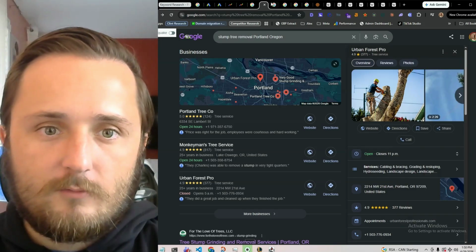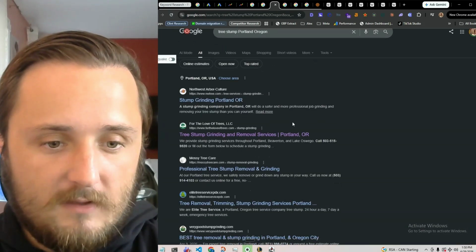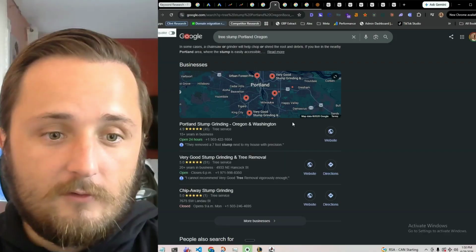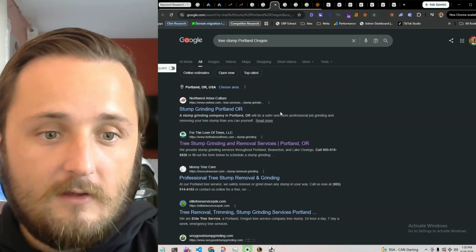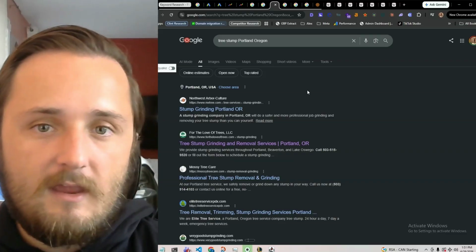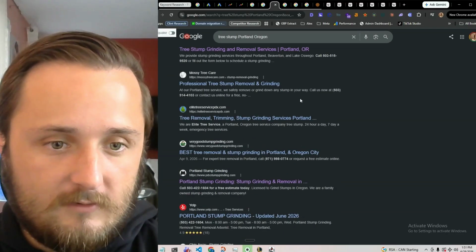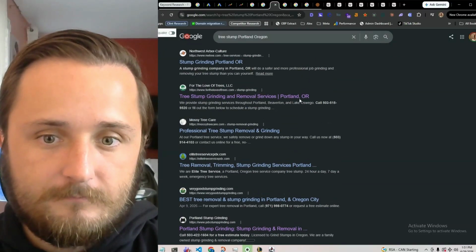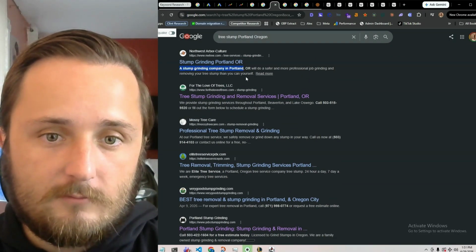Then what we're going to do is go to tree stump Portland, Oregon. What we can see here is the Google business profiles aren't front and center like they were for the other searches. So to me, this would signal maybe this isn't a term I would want to target, but we still have to do a little bit more research. But like we said at the beginning, now we can start to see some of these bolded terms.